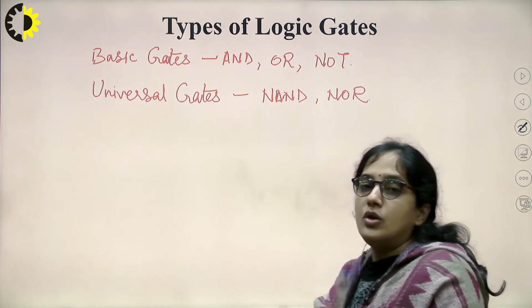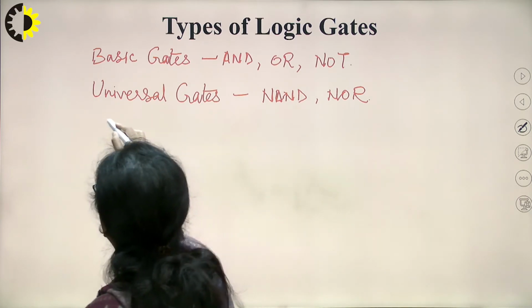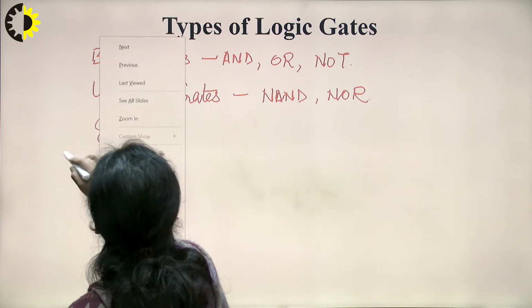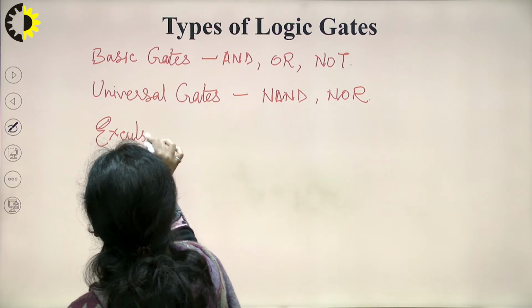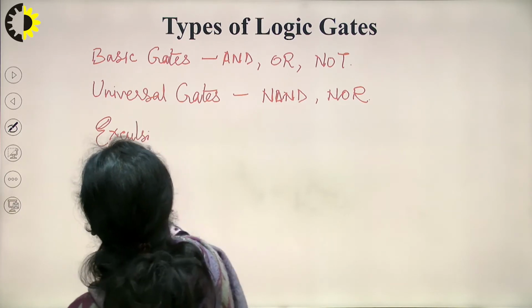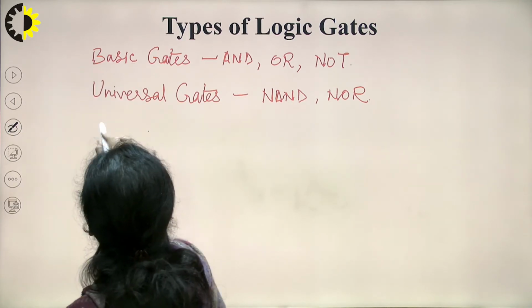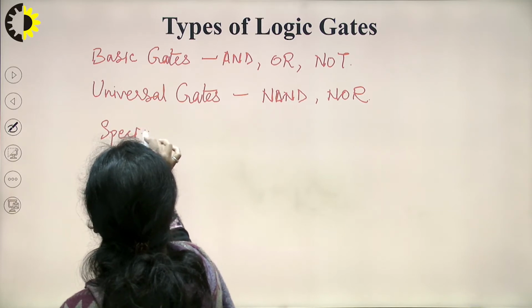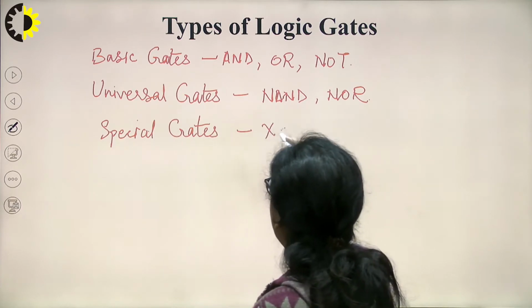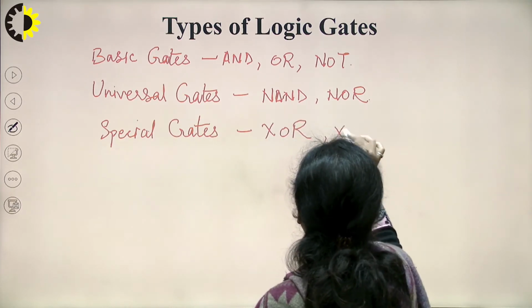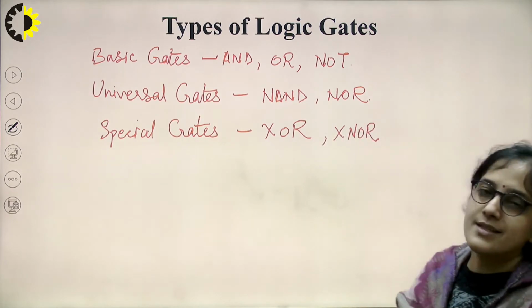Total these are 5, and next are the special gates, or exclusive gates: XOR and XNOR. So in all there are 7 gates.